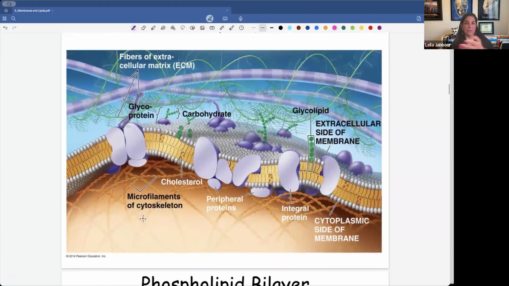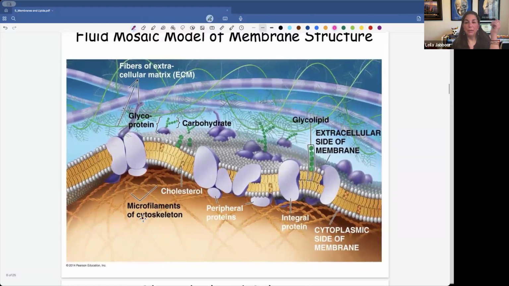This is a similar diagram to the one I used in my protein presentation, where I talked about the integral proteins in the membrane and the peripheral proteins that are underneath. All of this is quite fluid, and you see it's bent like this in the drawing to show you it's not stiff.